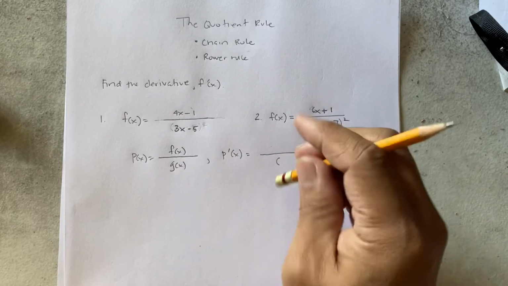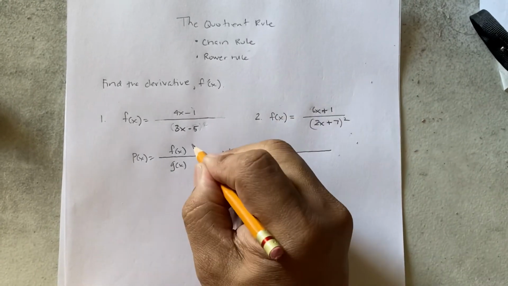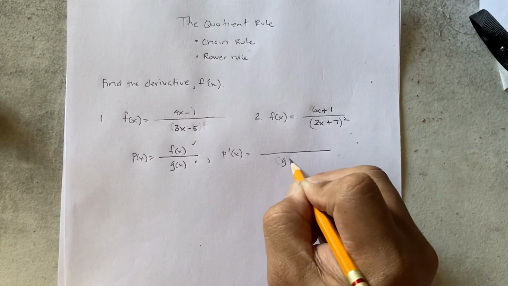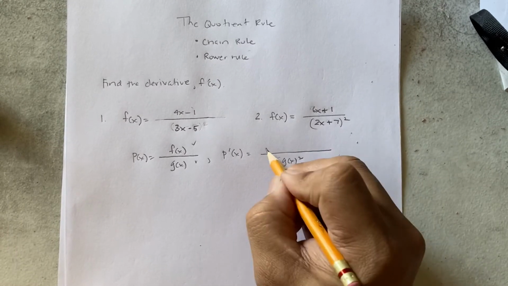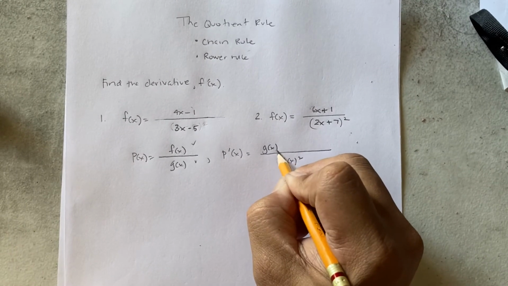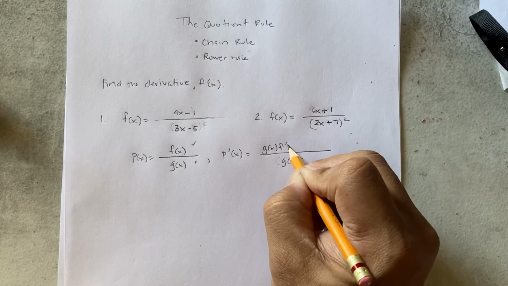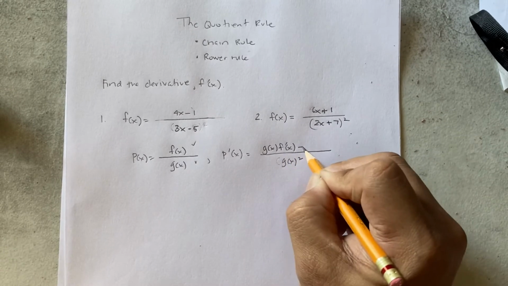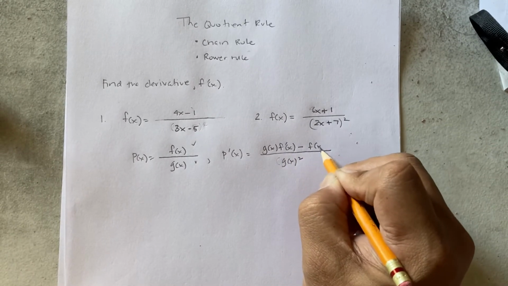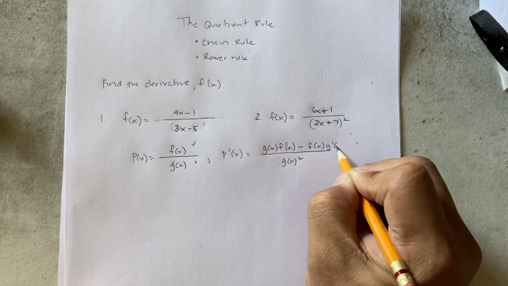The second goes at the bottom here. We call this the first, this is the second. The second squared is at the bottom, and you have the second at the top times the derivative of the first minus the first times the derivative of the second.